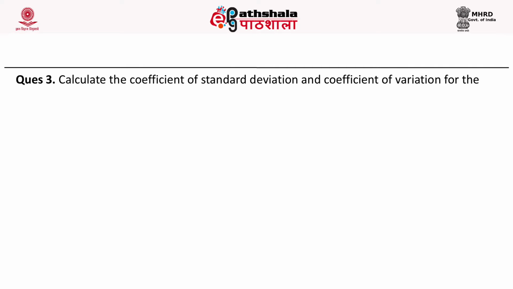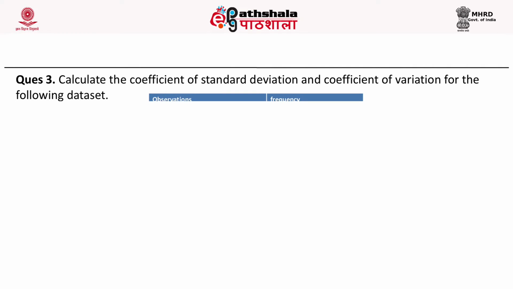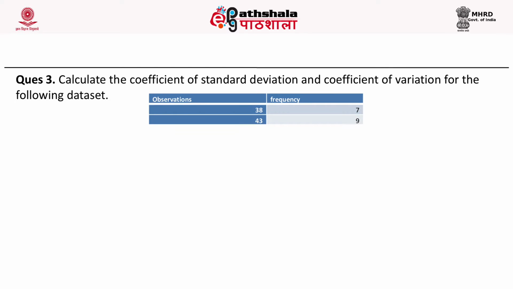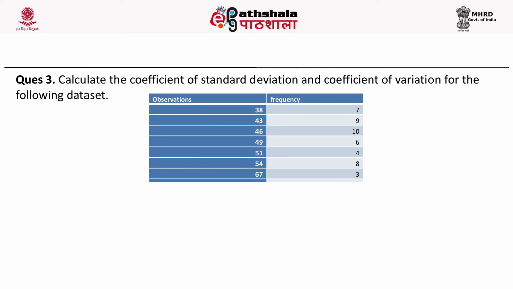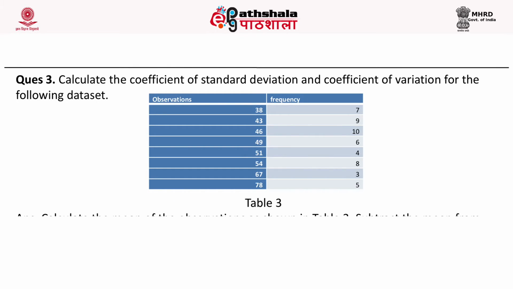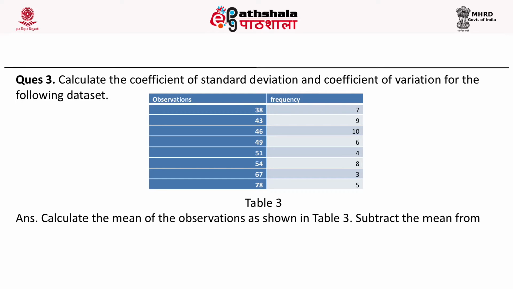Now in this data set we have ungrouped frequency data. So we have observations in the first column and frequency in the second column. First calculate the mean of the observations and subtract the mean from the observations, and the values are shown in column number 4. Now take the square of these deviations, and the values are shown in column number 5. Column 6 shows the product of frequencies with the values from column 5.